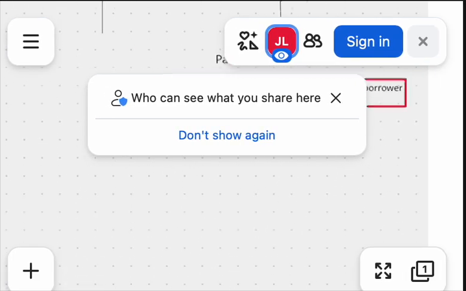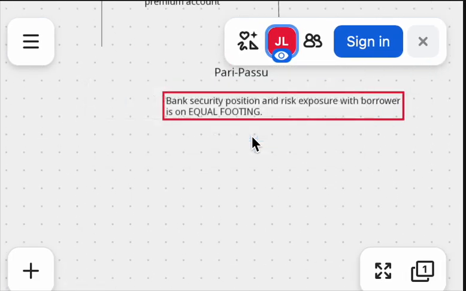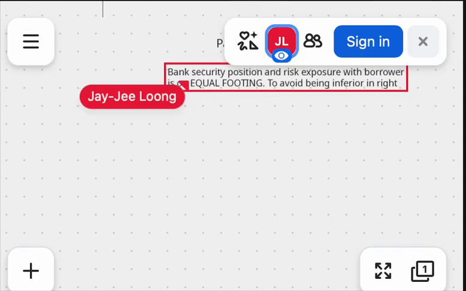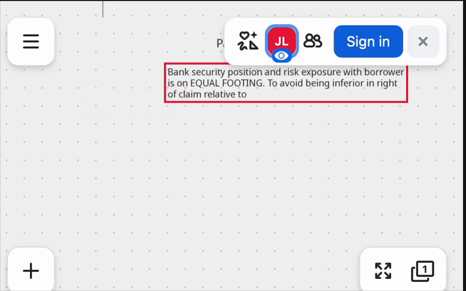And this is another important sentence. To avoid being what? Being inferior in right of claim relative to other lenders upon liquidation of borrower assets.